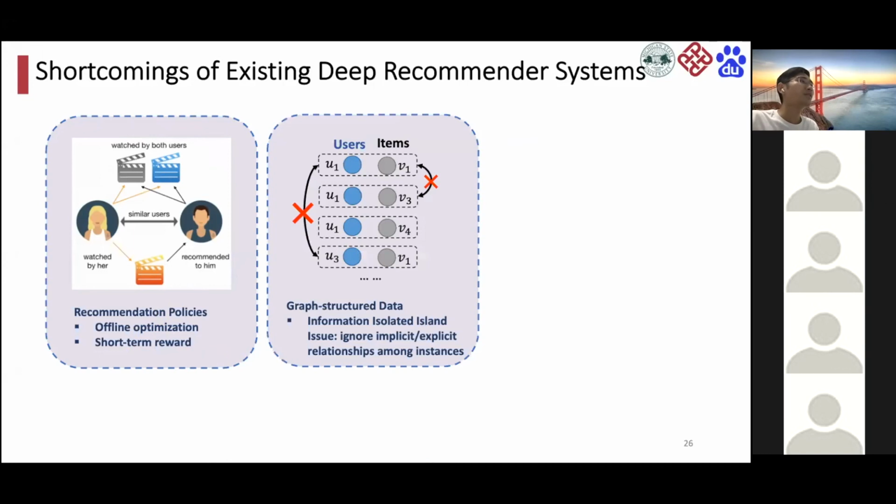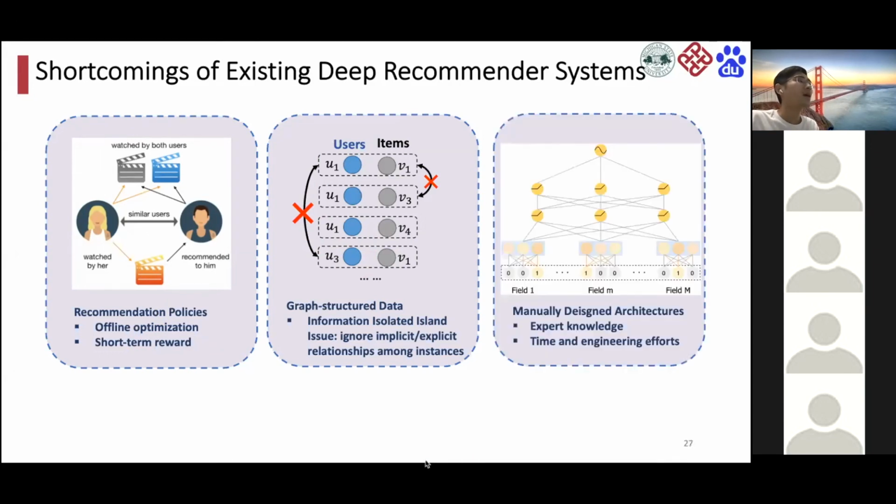Second, they treat each interaction as an independent instance for prediction and ignore the relationships among the instances. It may result in suboptimal predictive performance.